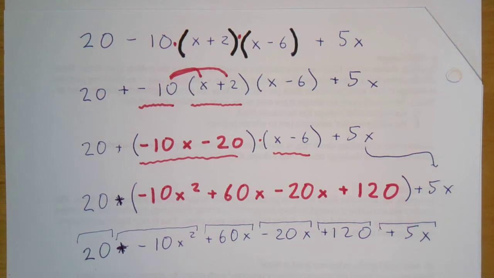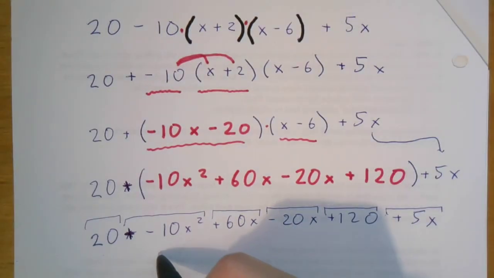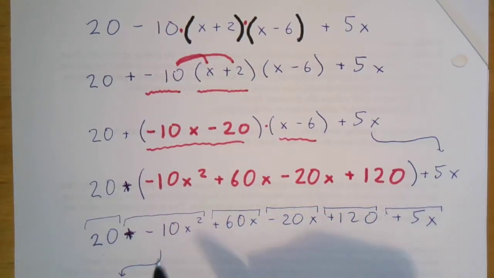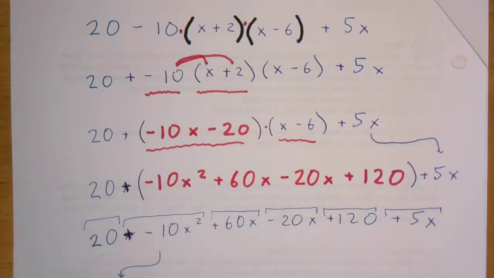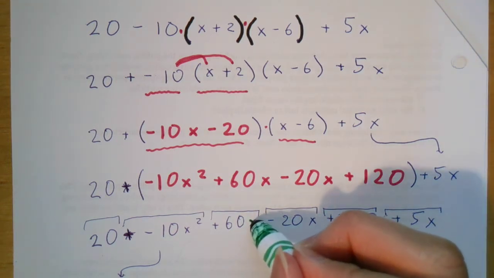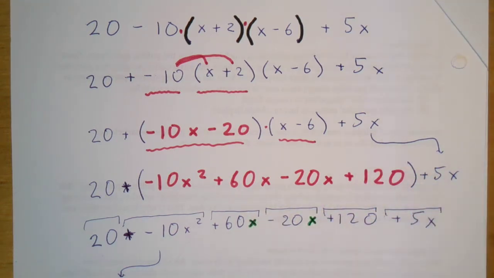I see that there's only one term that has an x squared. So this is plus negative 10x squared. So this is a negative 10x squared. Okay. So now let's look for all the ones that have x exponent 1.